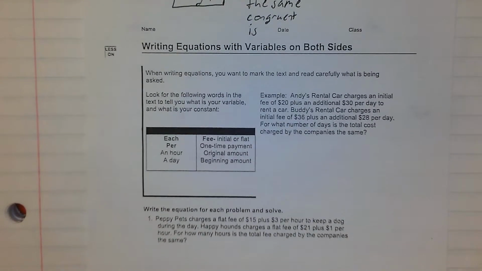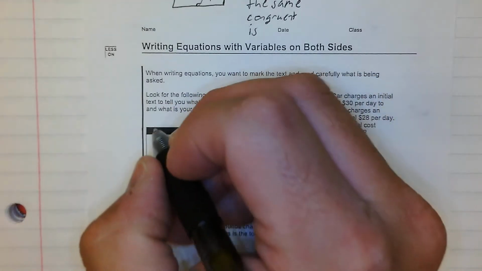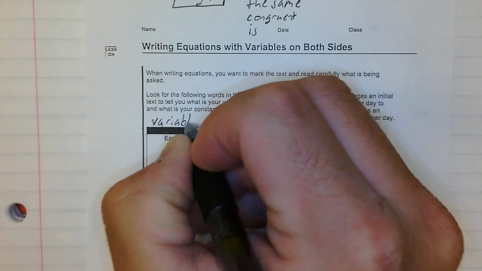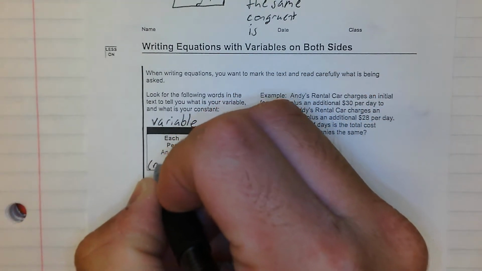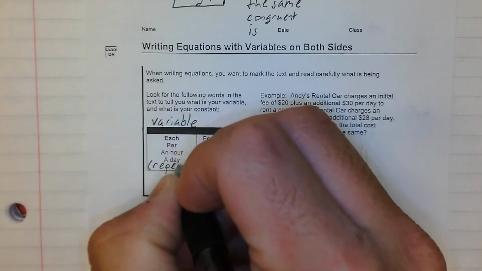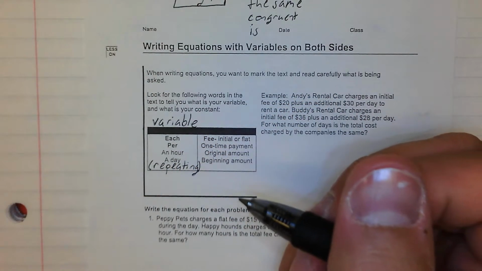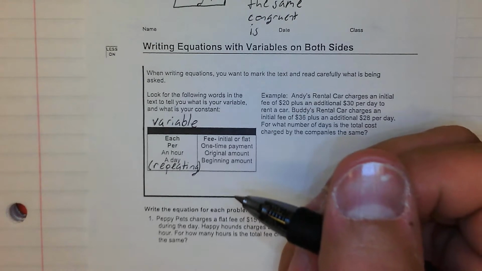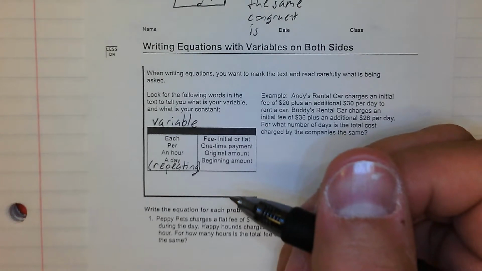Okay, coming down here, all these words here, each, per, an hour, a day, when we see those words, we know that indicates a variable. A variable means it is a repeating value. Such as if I have 4x, or I have 4 per day, that means that every day that passes, it will increase by 4.